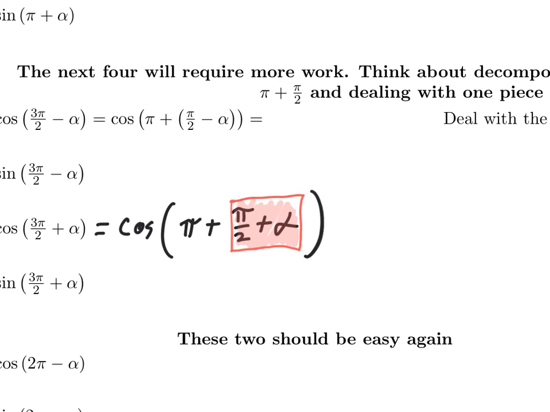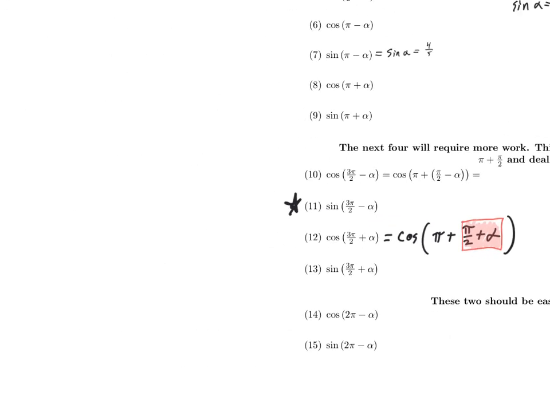So now what do I see here? I see something that looks like cosine of pi plus a quantity. Well, how does cosine change when I add pi to it? Looking at that cover page, adding pi to an angle corresponds to a reflection across the origin, so the x and y coordinates will both become negative. This is the same as negative the cosine of whatever that number is.